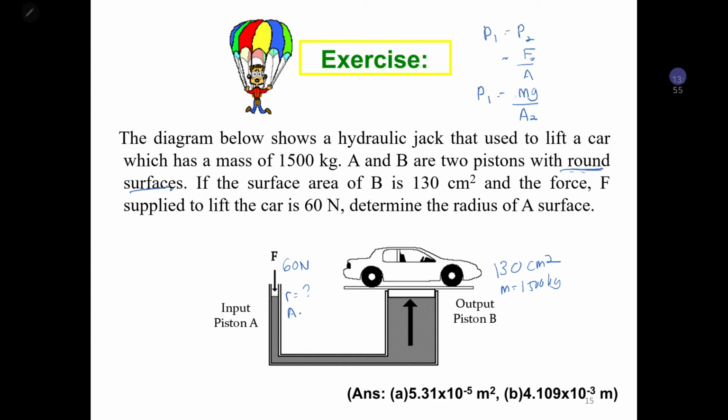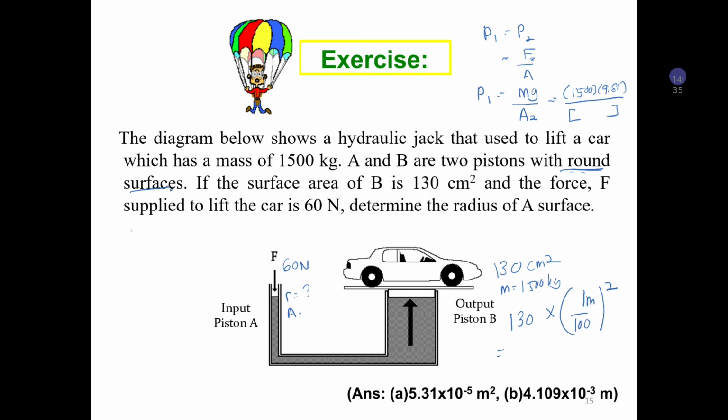We need to find P1 first. So 1500 times 9.81 divided by A2, 130 centimeter square. You need to convert 130 centimeter square into meter square first, using 1 meter equals 100 centimeters, squared. Then you get the value of P1.